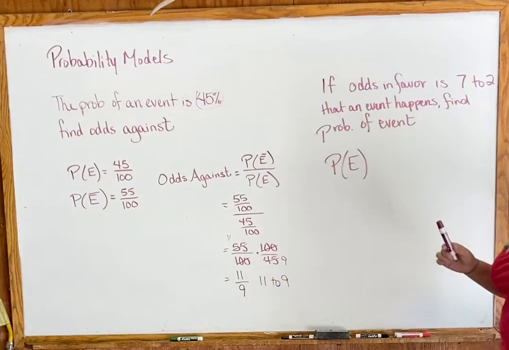So in this case, they've given us odds in favor, but they want us to come up with the probability.